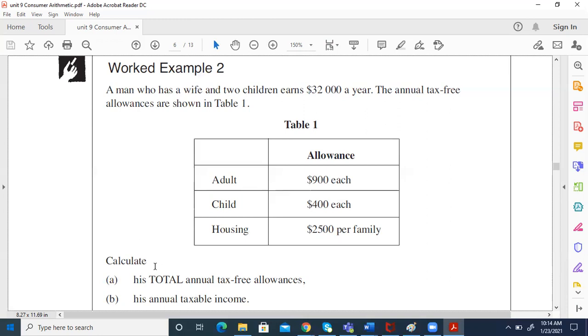So it's a similar situation. That's the calculation of total annual tax-free allowances. So it says a man who has a wife and two children earns that a year. So for a wife and him, that's $1,800 a year, times. Okay, and then he has two children, that'll be 800. 800, and it is one family.